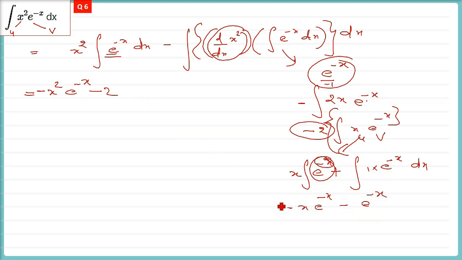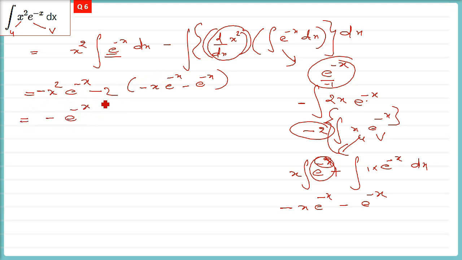Now what have we got? There is a negative, you can take this negative outside, and there is a negative 2 already, so negative will become positive. Let me write this first. Negative x e raised minus x minus e raised minus x, that has to be written. Then the negative has to be taken outside, and that will make this negative 2 a positive 2. So let me write the final answer here.